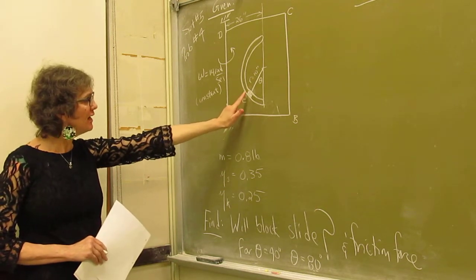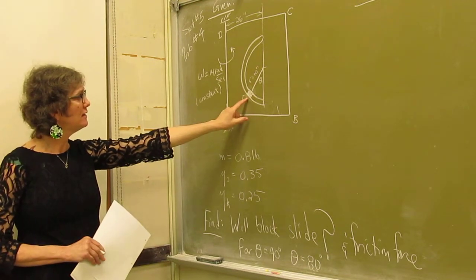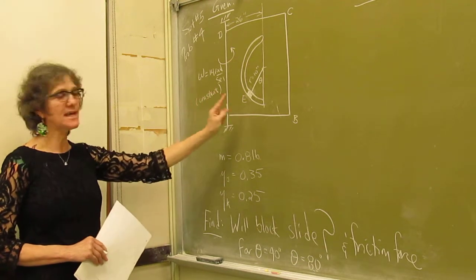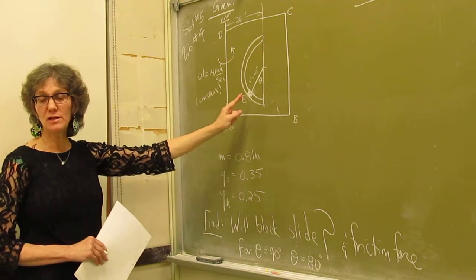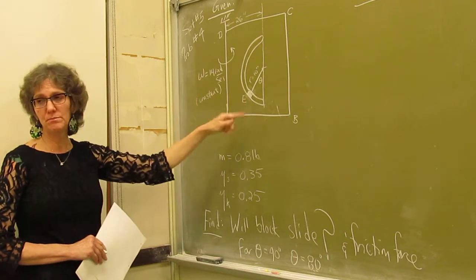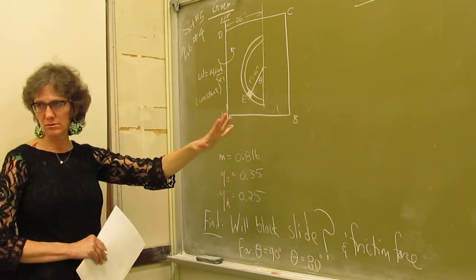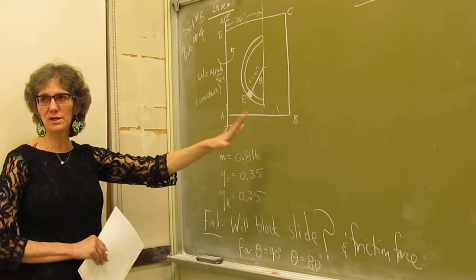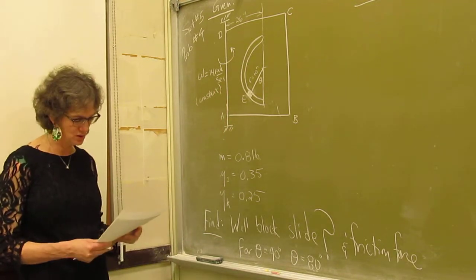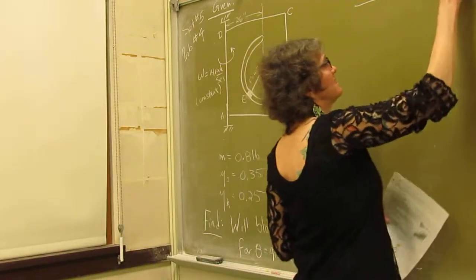Because if it doesn't slide, then the motion of this block E is simply a circle around the axis AD. And so we know the path of motion, and because of what I said earlier, once we know the path of motion, the correct, easiest coordinate system that you should use on this problem would be the normal and tangential. So, but I better state that assumption.